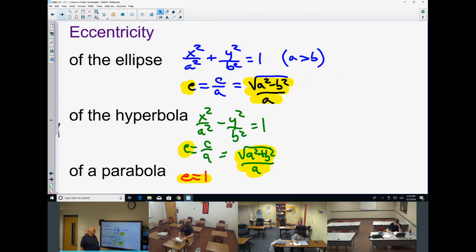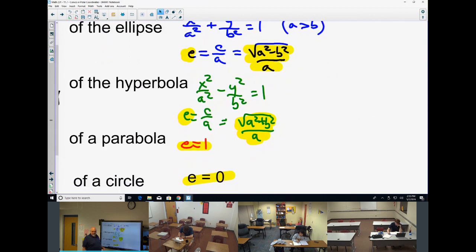And then for the parabola, c and a are always the same, and so e is always equal to 1 for the parabola. And you might even add a line here. I left this one off the notes, I discovered this morning: for a circle, the eccentricity is 0.